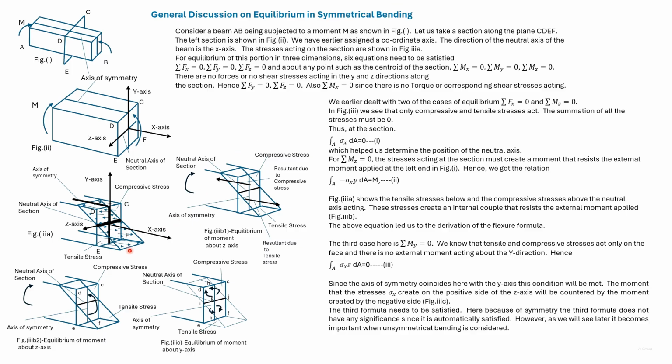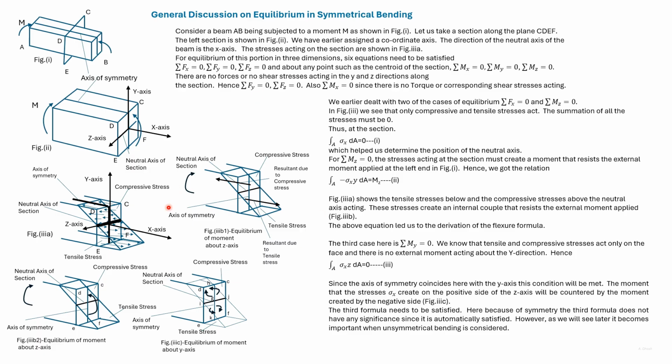Let us consider this quadrant, which is G, J, F, K. Again, the stresses are tensile here, and they will cause a moment about the y-axis as shown. Since HK is the axis of symmetry, these two moments will cancel each other. So on the whole, we don't have any moments acting about the y-axis on the face CDEF.